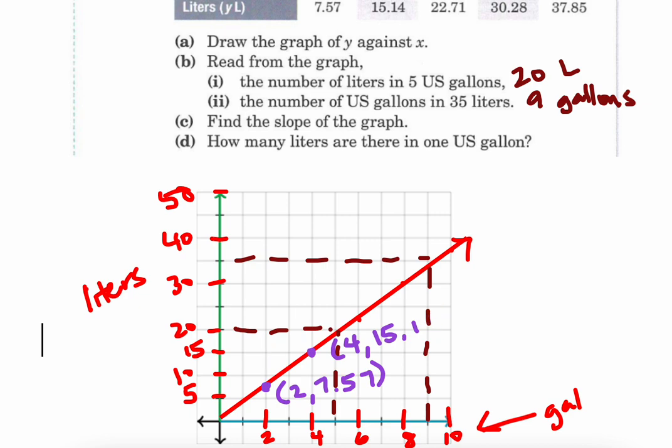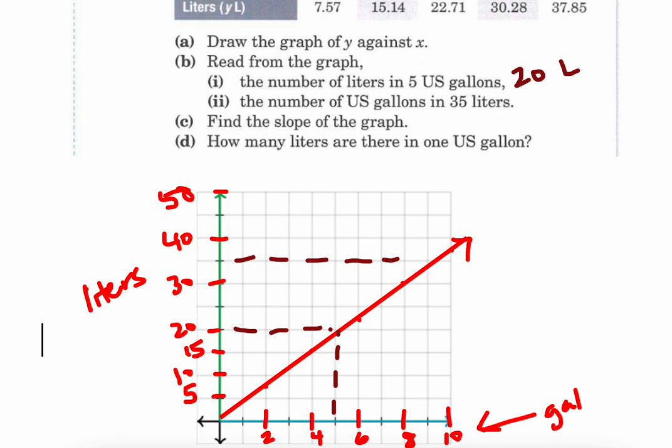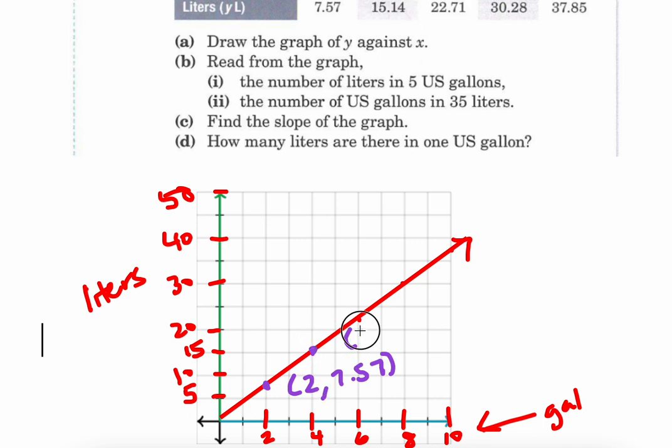Let me clear up a lot of the space here so I don't have all these dashes. And remember, I'm getting the numbers from my table. So again, this was 2 and 7.57, and this was 4, which paired up with 15.14 liters.